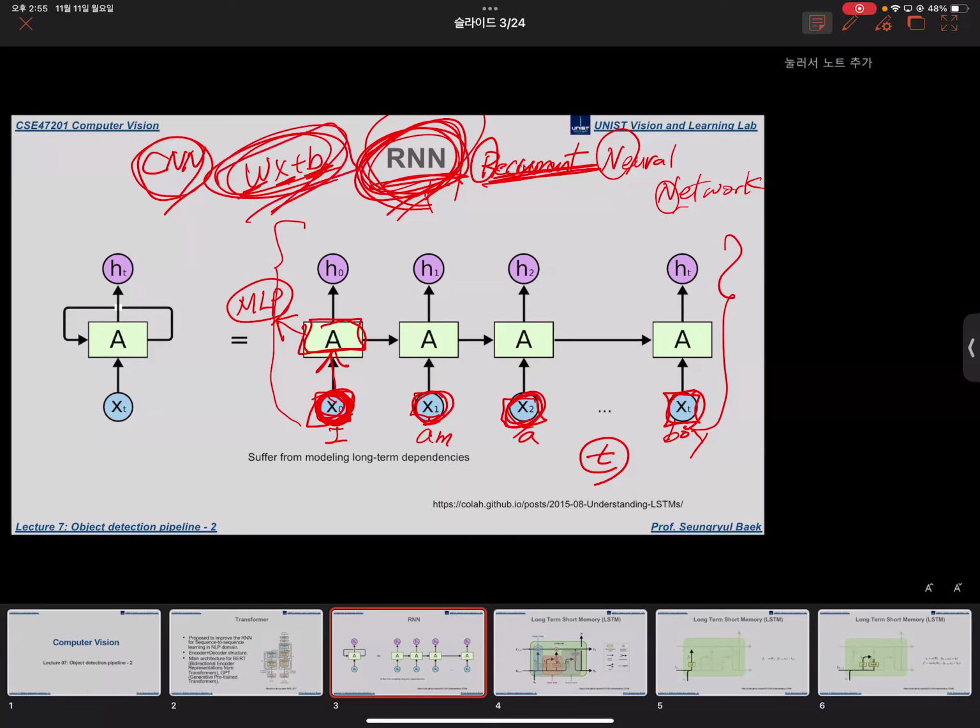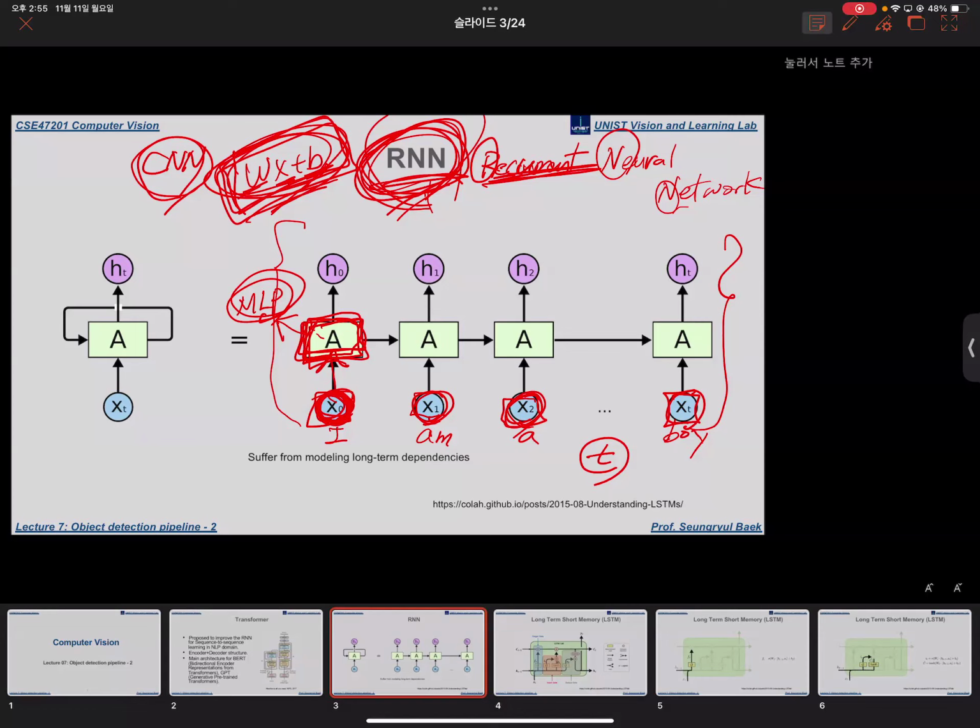This was the linear layer. So you can think of this A component as some MLP, some linear layer or stacks of linear layers. You can think of this A block like that. So this is anyways some MLP layer, maybe with some activation layers, okay? Are you guys following this?